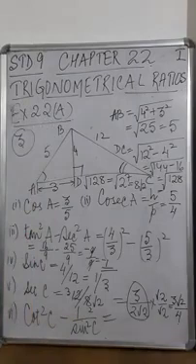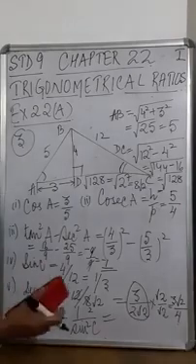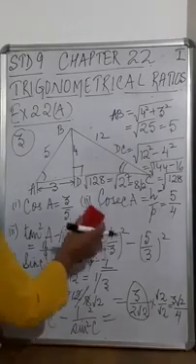Alright. The last one, sixth one, cot square C minus 1 by sine square C. So let me rub out these parts.